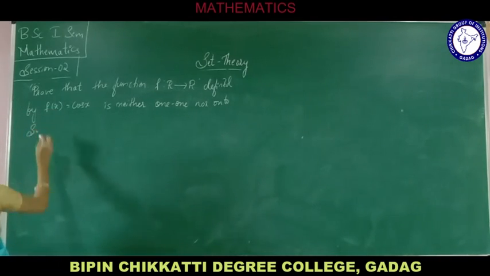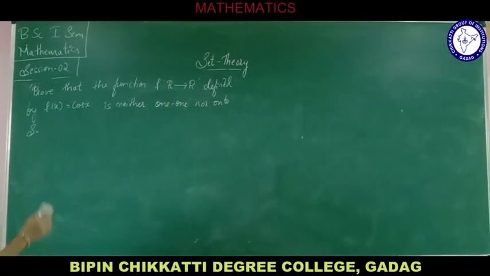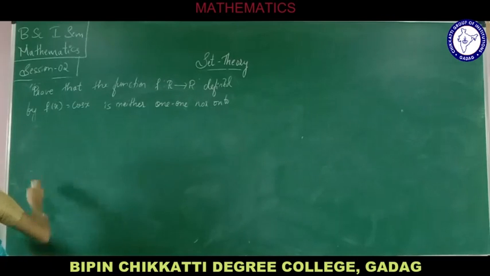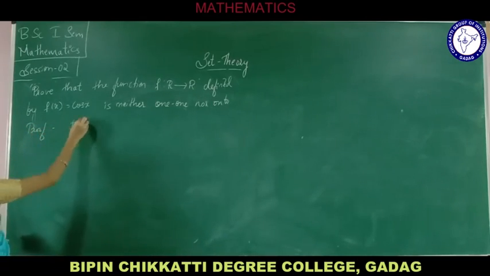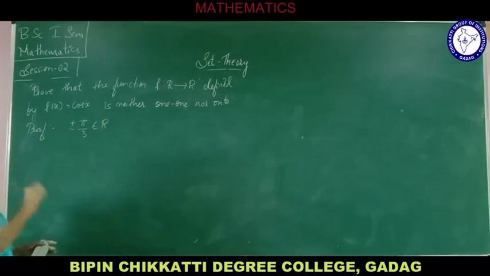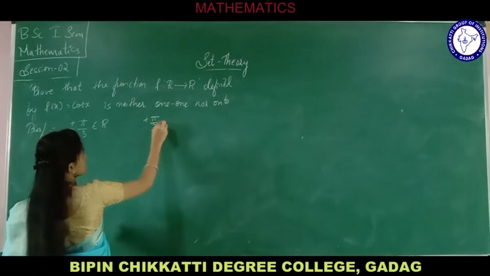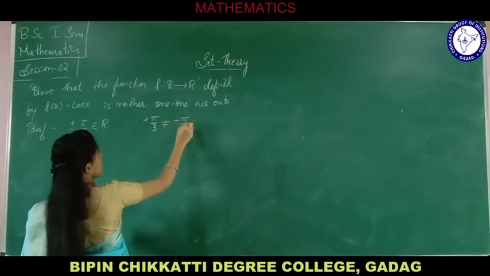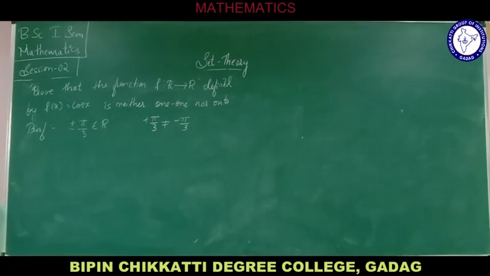How are we going to prove that? First, for the proof, let us consider plus or minus pi by 3 belonging to the set R. Of course, plus pi by 3 is not equal to minus pi by 3.